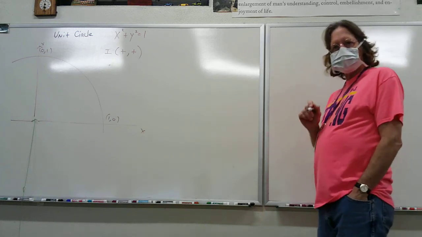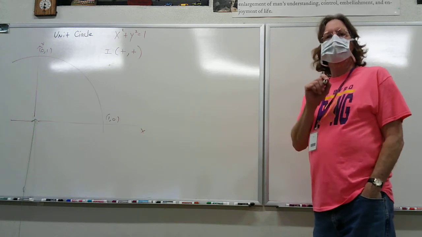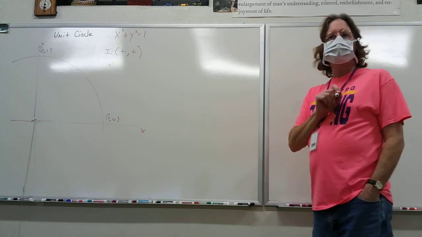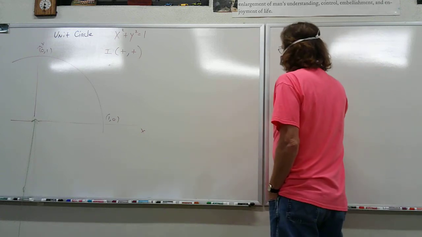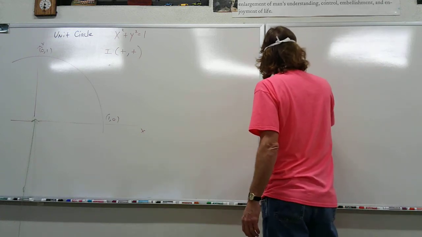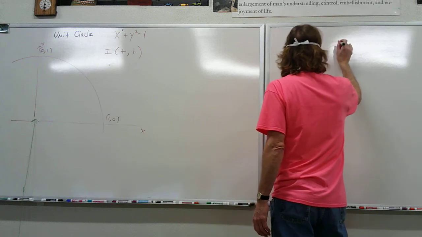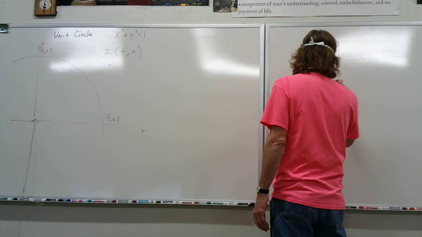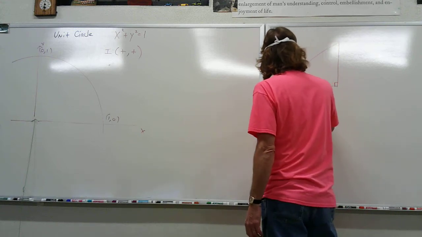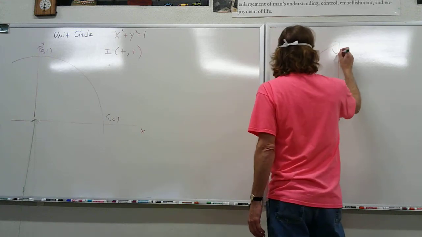Now, from that, we're going to go back and talk to you about geometry. All right. In geometry, you had this triangle that was called a 30-60 triangle.